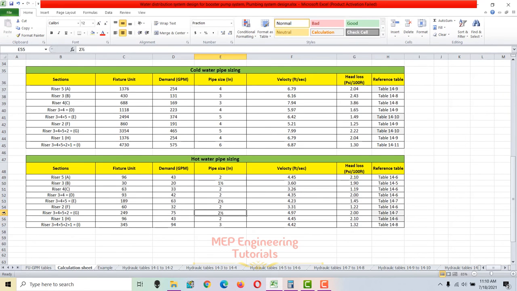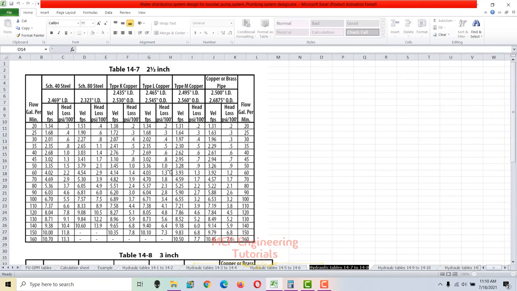Now we need to check the pipe size at this GPM demand. So how much will the hot water pipe size be? The table which I have used here is reference 14-7. So I'm going to use this table. Demand is 75 GPM. So we have a demand of 70 GPM here, and type L copper.